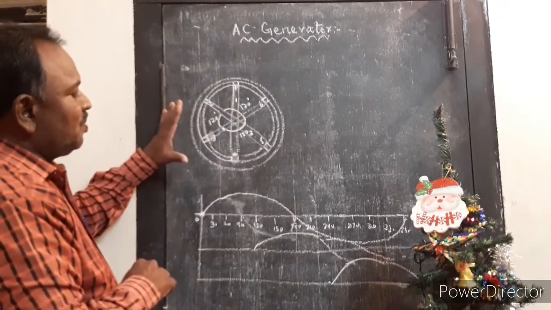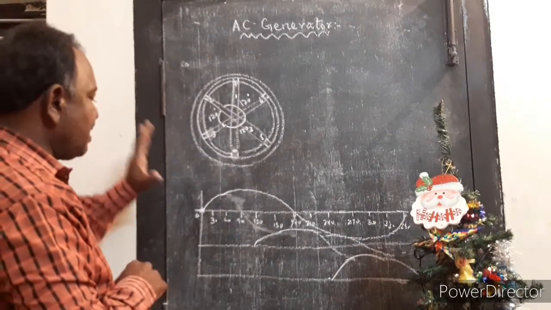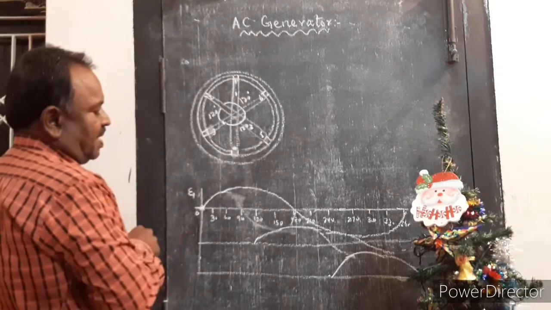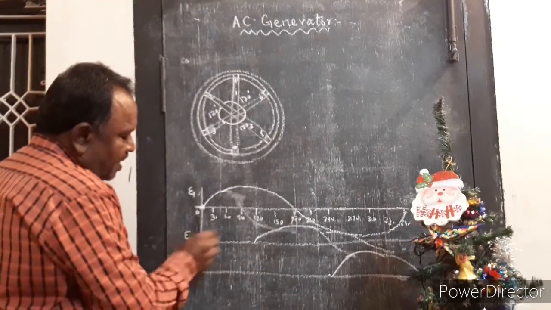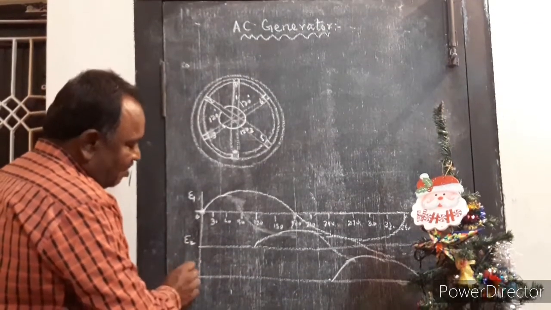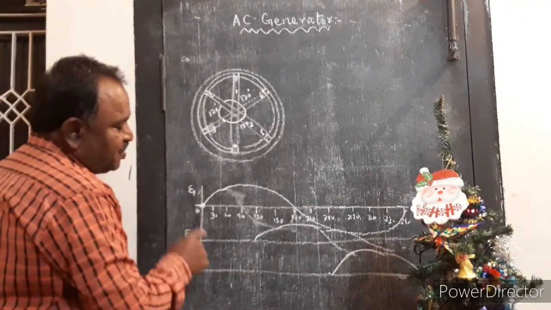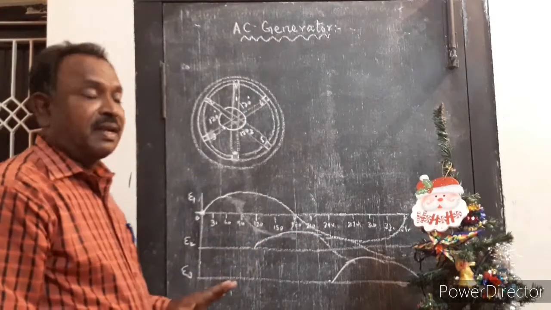So this is how a 3-phase generator is working, and each coil will produce an EMF. E1 is the EMF produced in the first coil, E2 is the EMF produced in the second coil, and E3 is the EMF produced in the third coil. Each EMF differs from each other by 120 degree.